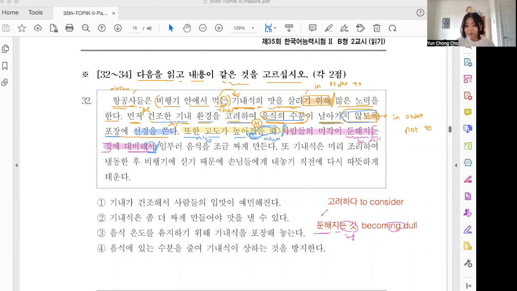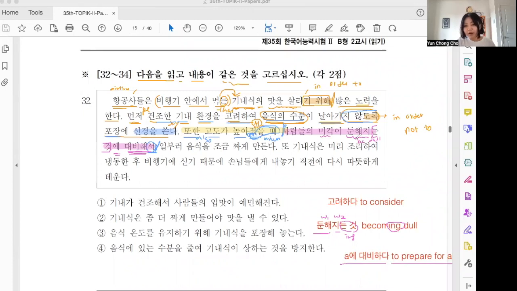So whenever two words are together, the first word always has to be a conjugated stem. 둔하다 is the infinitive and 둔해 is the conjugated stem. So whenever two words are together and become one compound word, the first word should be a conjugated stem. 사람들의 미각이 둔해지는 것에 대비해서, prepare for, that's A에 대비하다.